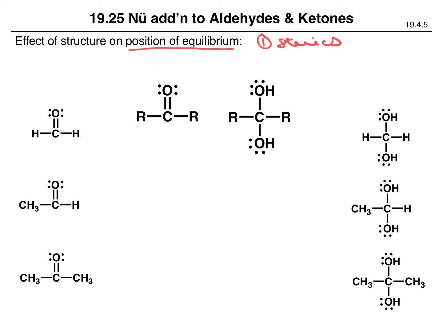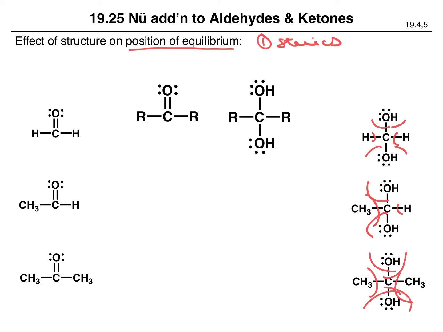And here we have a hydrogen, and these are both pretty small, so they're not going to be bumping into those OH groups very badly. If we look at acetaldehyde, well, we still have the small hydrogen. Here we have a bigger methyl group, so this is going to start to get in the way of the hydroxyl groups. And now with our ketone, now we have 2 alkyl groups which can both be bumping into the OH groups.